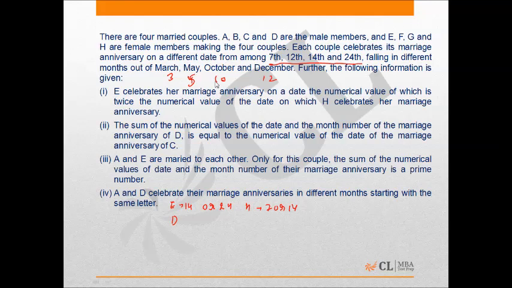So from here, it can be inferred that D can celebrate his or her marriage anniversary on 7th May, or D can celebrate his or her marriage anniversary on 12th of December, as 12 plus 12 is 24.